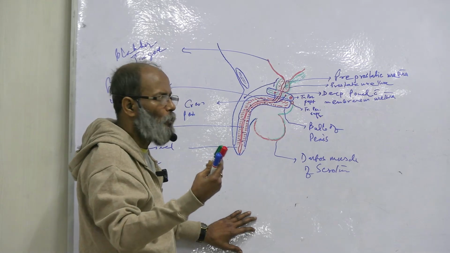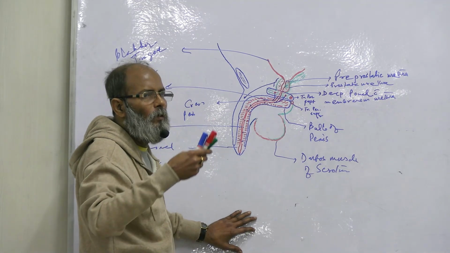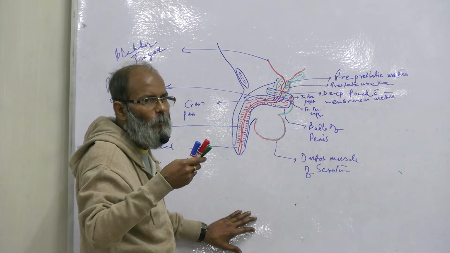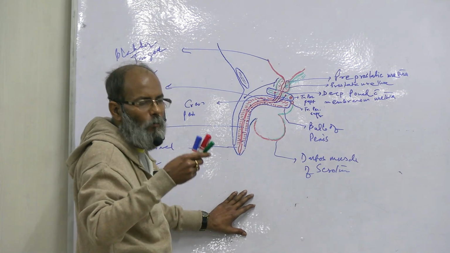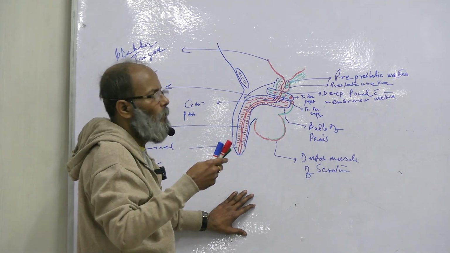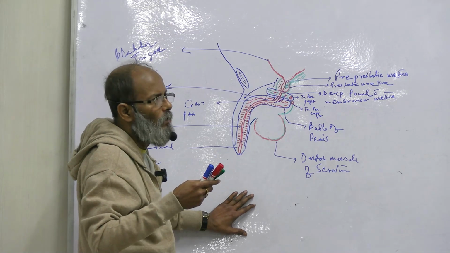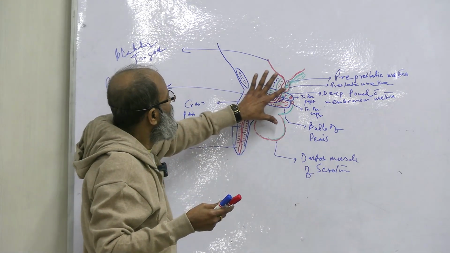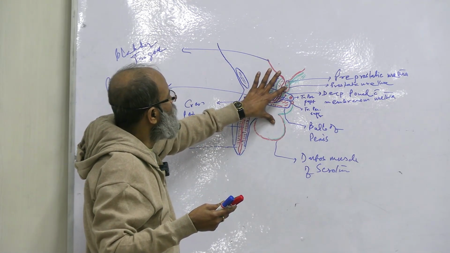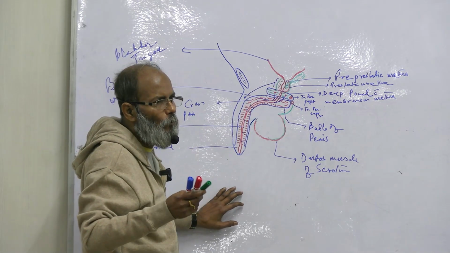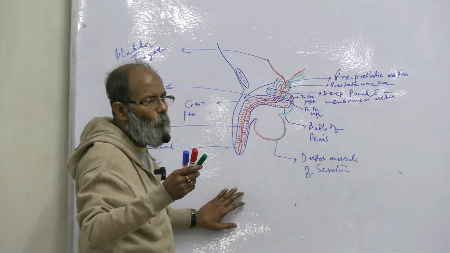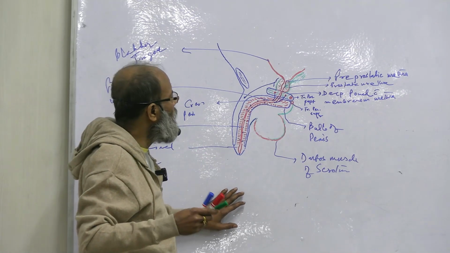From the posterior wall, there is a circular elevation. We will stop there. All right, where there is a blind pouch, that is called the prostatic utricle, this one, a mucus diverticulum, which is equivalent to vagina of the female.